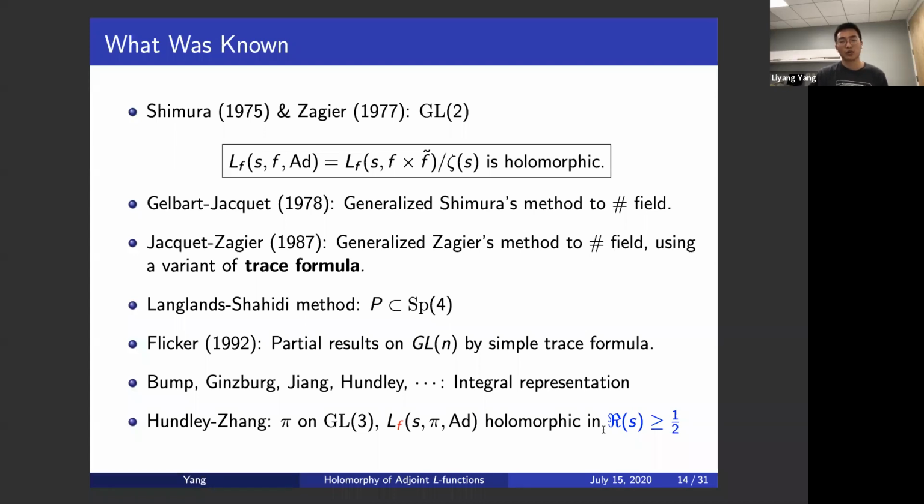And for GL2, this adjoint L-function is roughly equal to the symmetric square L-function, just up to some central character twist. And Flicker also obtained some partial results on GL1 by using a simple Jacquet-Zagier trace formula. However, it's not strong enough to get information about the individual adjoint L-functions.